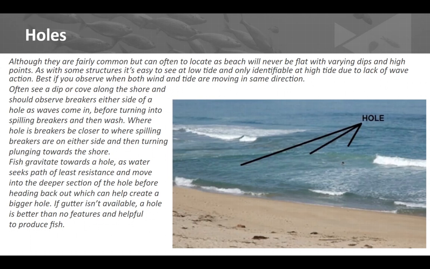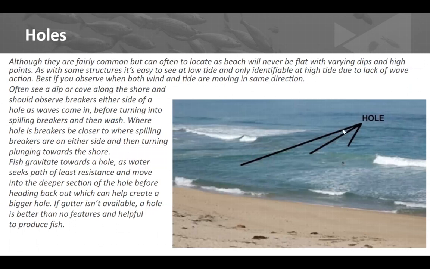High tide, now you're focusing on wave action to be able to identify them. So in this example, as you can see, you have wave action to the left and to the right of this hole, and you have no wave action that comes through the middle.